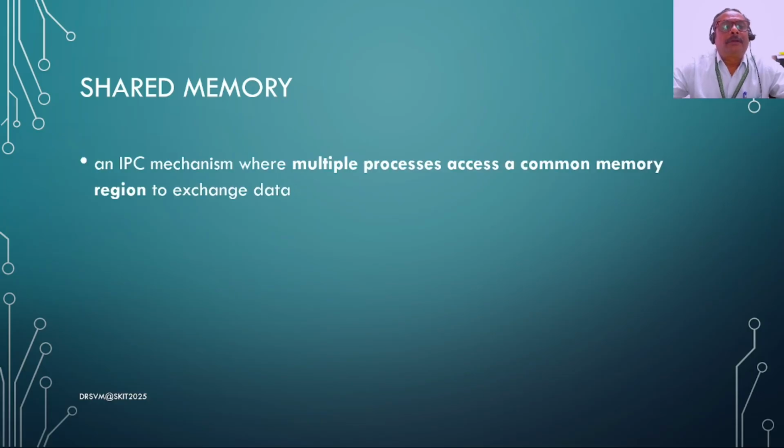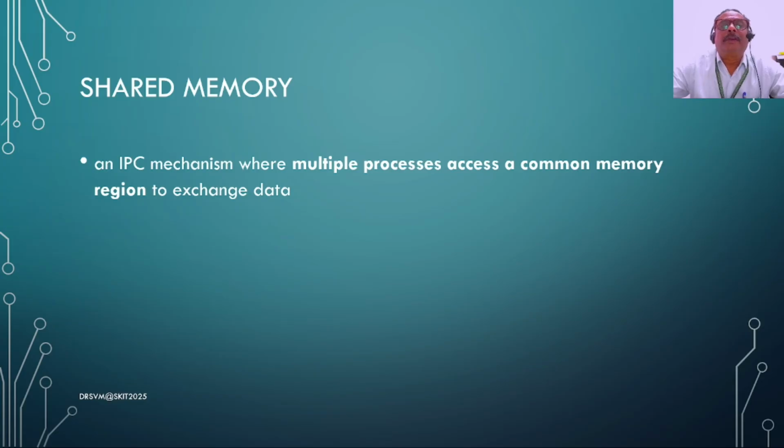Shared memory is an inter-process communication mechanism where multiple processes access a common memory region to exchange data. As we saw in the beginning of the operating system, we wanted to make sure that no two processes have anything in common, neither sharing memory nor resources, so they are isolated.